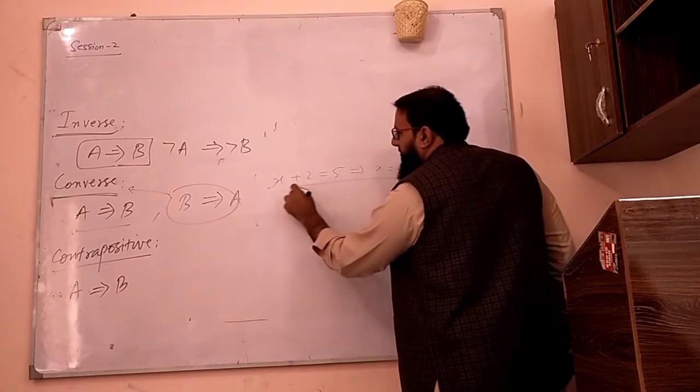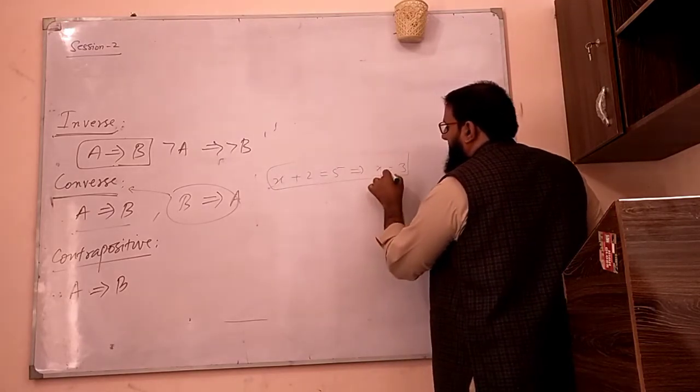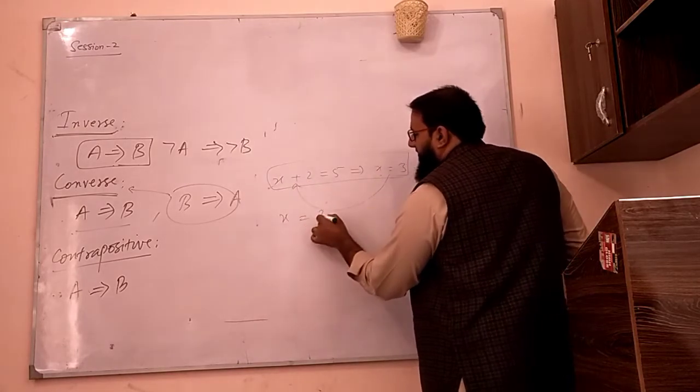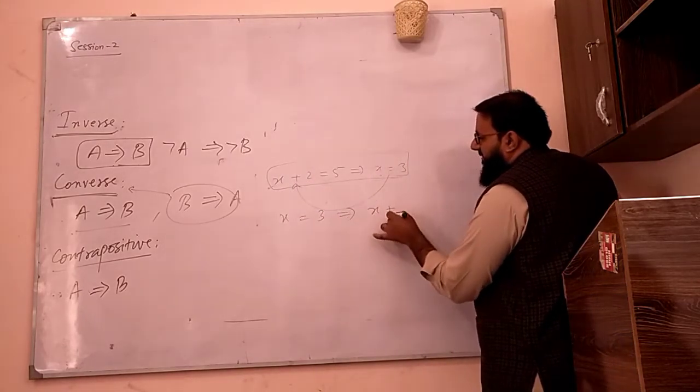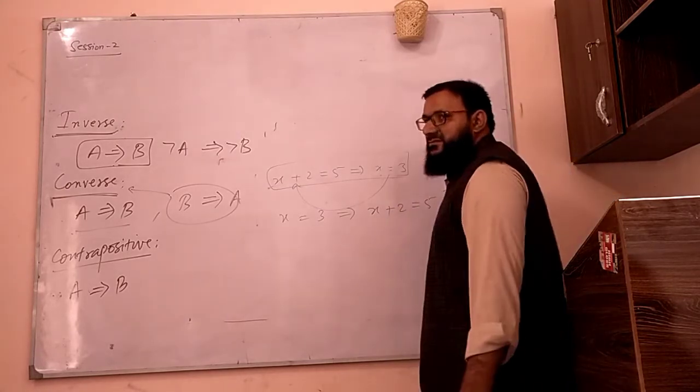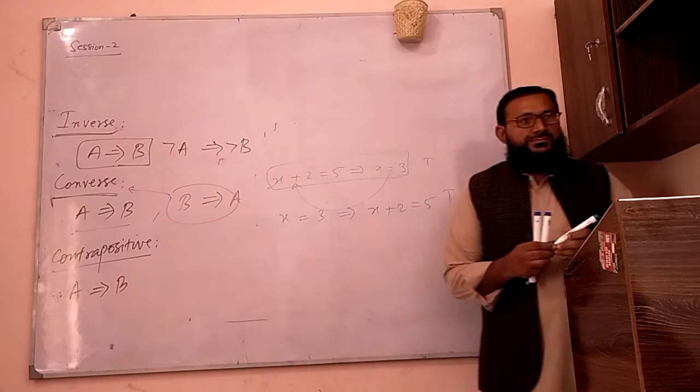And what is going to be the converse of this? x is equal to 3 implies x plus 2 equals 5. You can see this is true and this is true as well. Both are true.